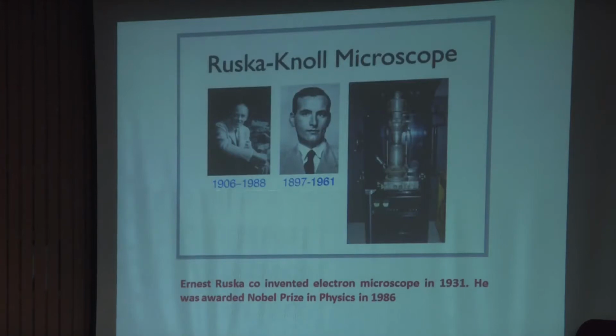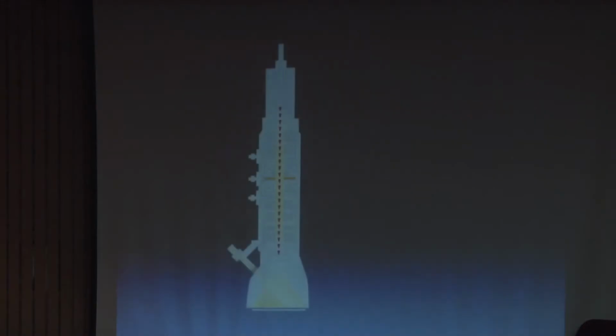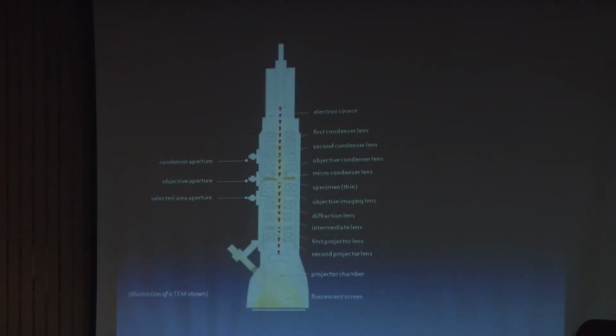These are the two gentlemen, Ruska and Knoll. They developed this microscope, and Ruska was awarded the Nobel Prize for his novel finding in 1986, more than 50 years after his discovery.